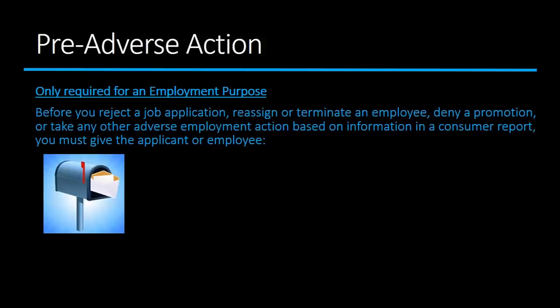So where it kicks in is before you reject a job application, reassign or terminate a current employee, deny a promotion, or take any other adverse employment action based on the information in the consumer report that you've got back from your consumer reporting agency, you need to go through this pre-adverse action step, okay?